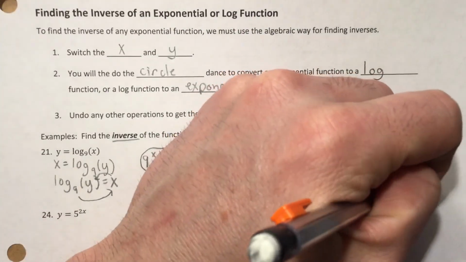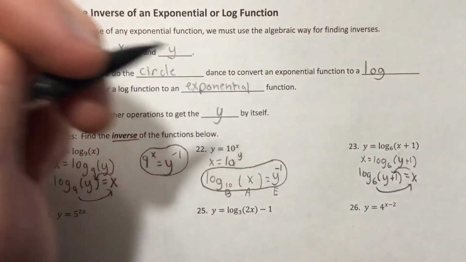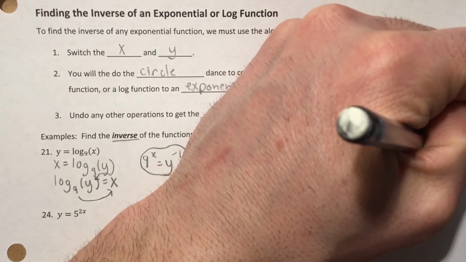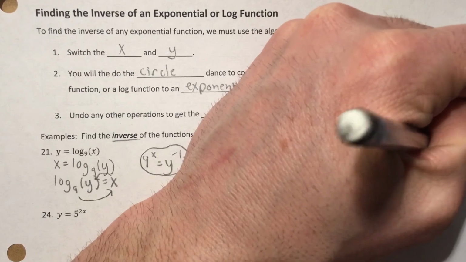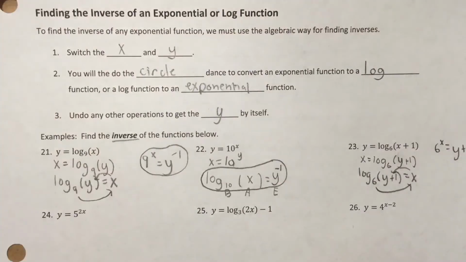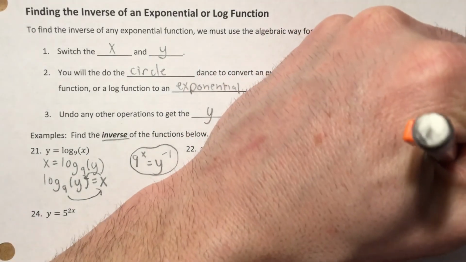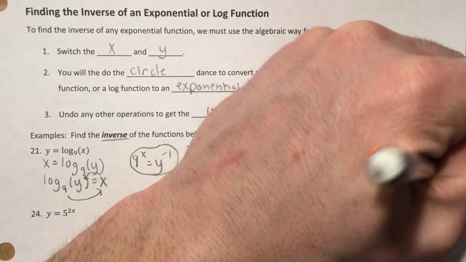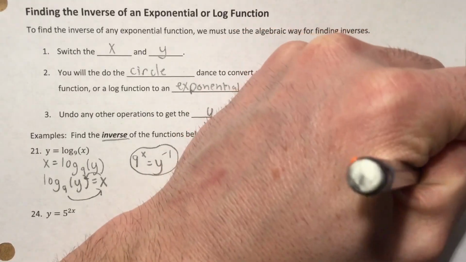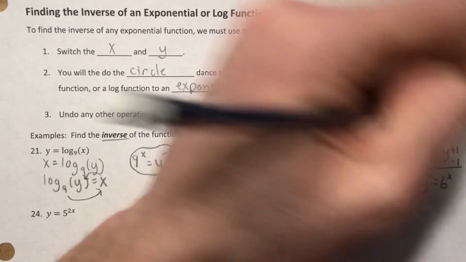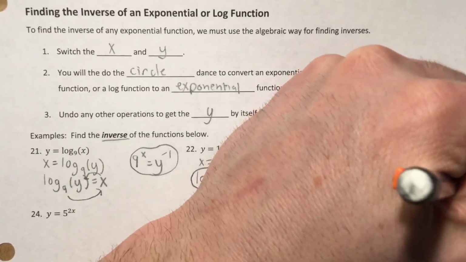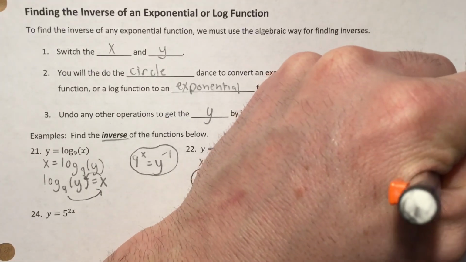And so I go 6 to the x equals y plus 1. And now the y isn't totally by itself yet, though. So to get the y by itself, I'm going to have to subtract 1. So y inverse is equal to 6 to the x, and then minus 1 is outside, not in the exponent, it's outside.